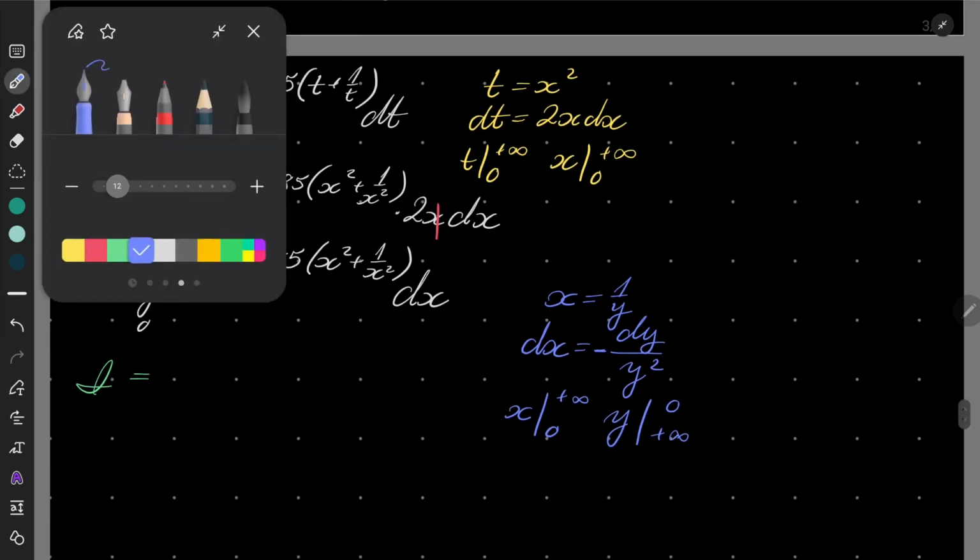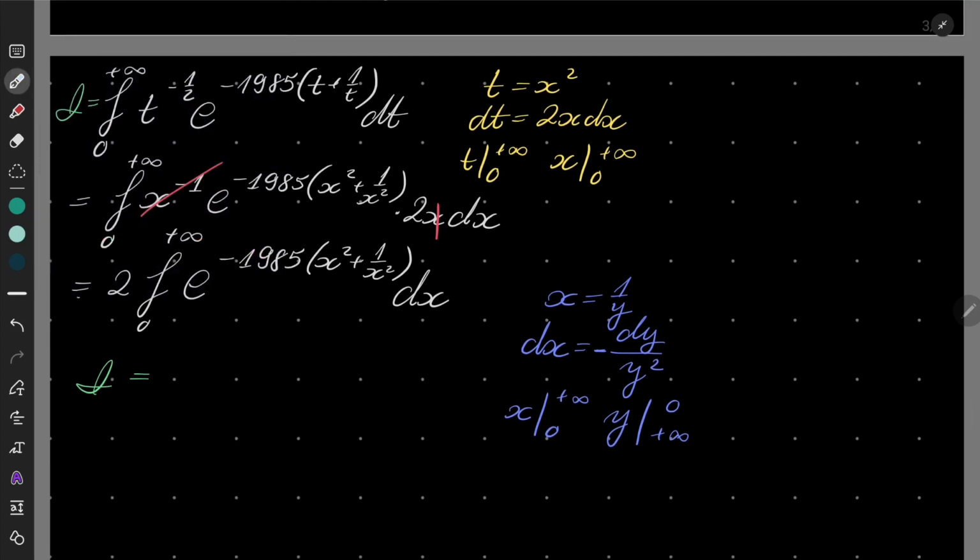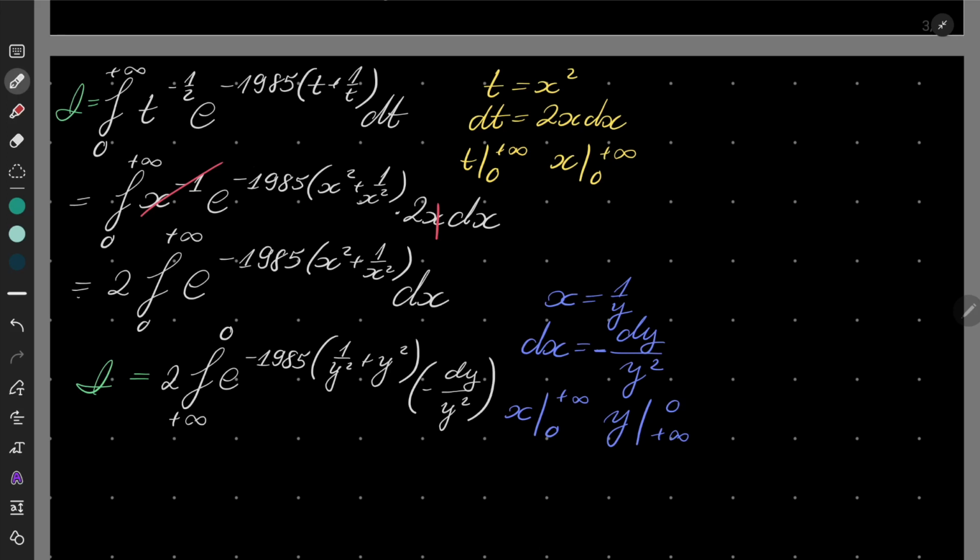Okay, so our integral becomes 2 times the integral from plus infinity to 0 of e to the power minus 1985 (1 over y squared plus y squared) times minus dy over y squared.